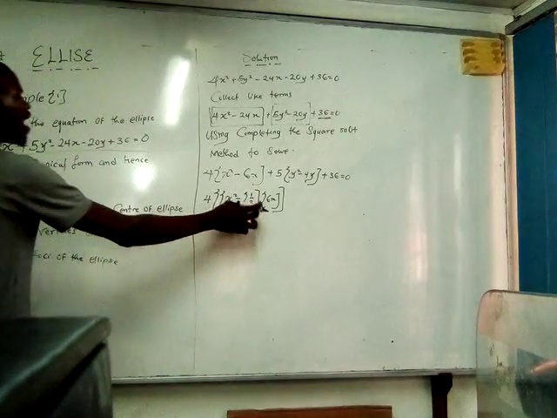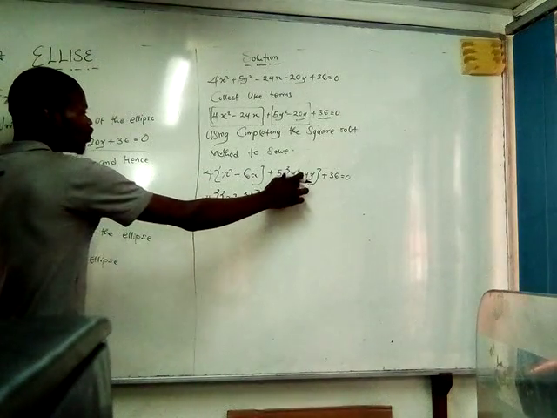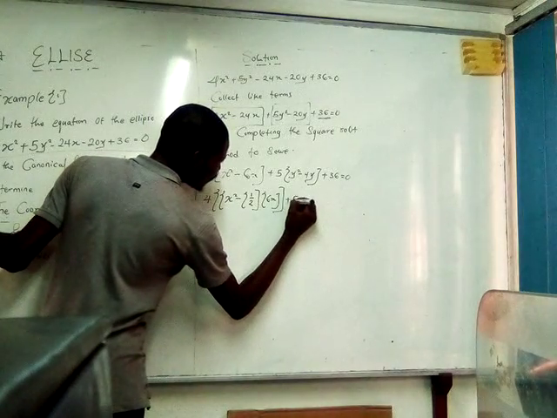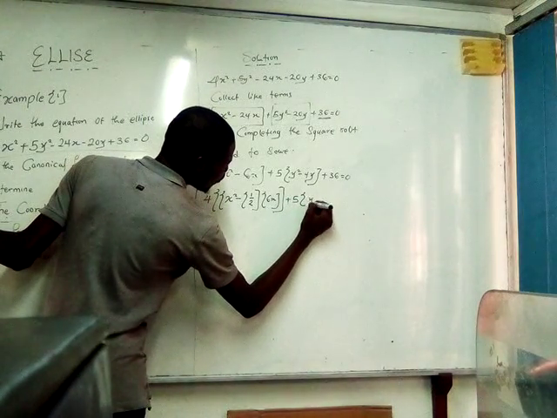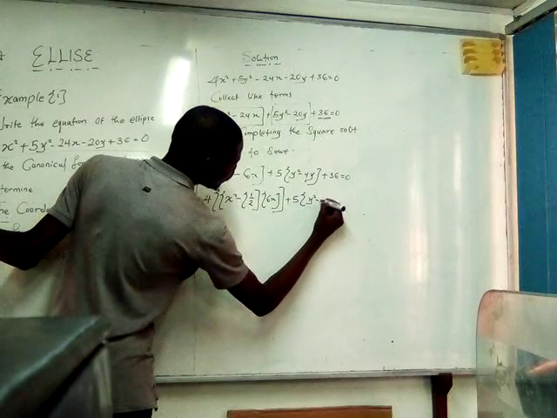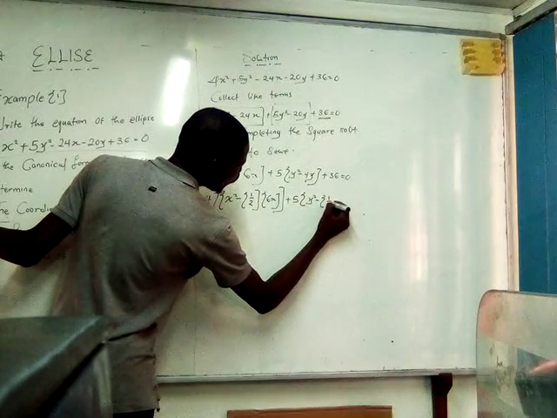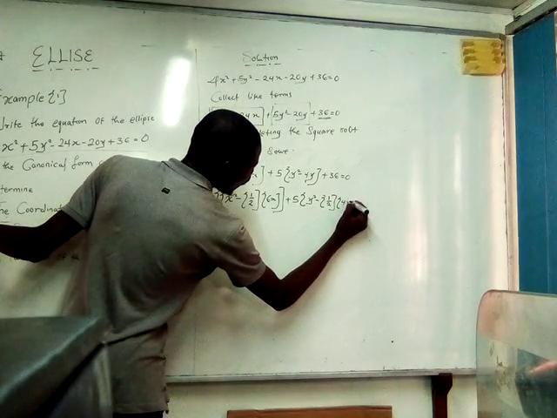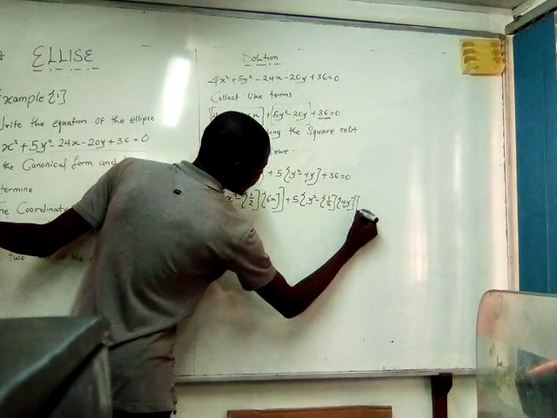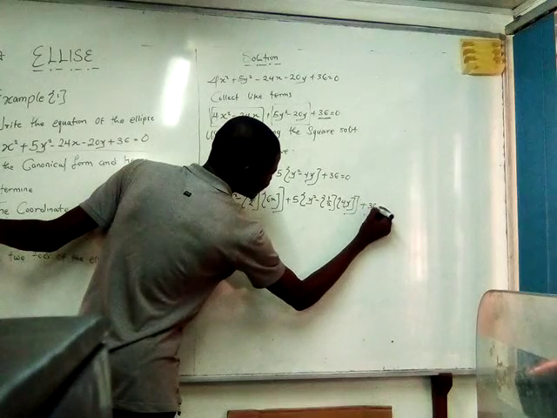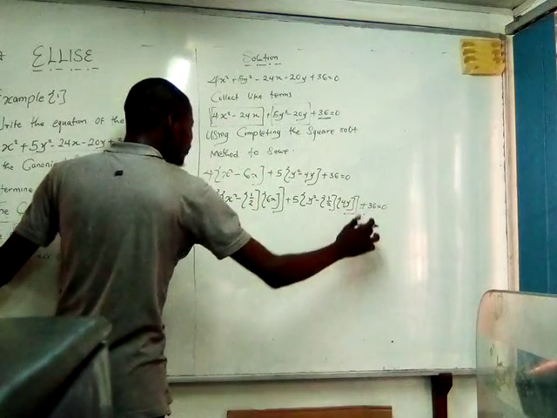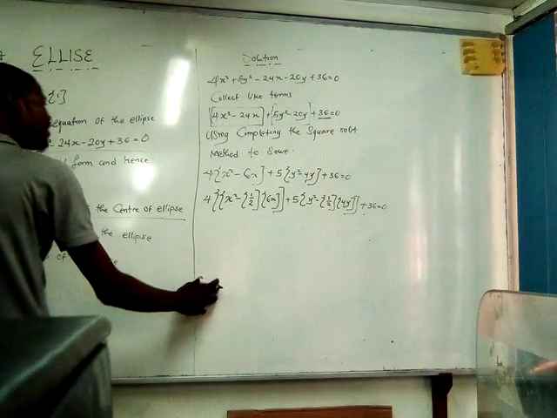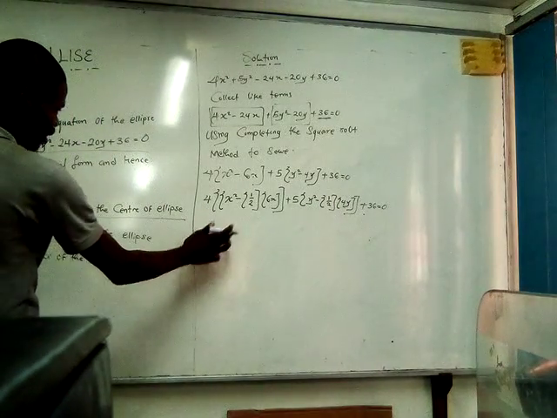You repeat the same half in the second bracket too: 5 open bracket y squared minus open bracket 1 over 2 of 4y close bracket plus 36 equals 0. Completing the square method is not affecting 36 in ellipse, parabola and hyperbola.